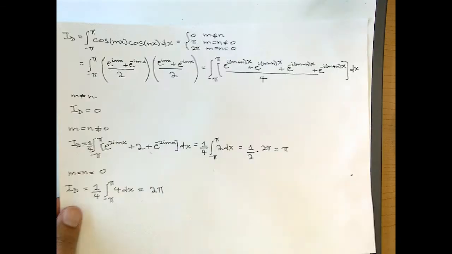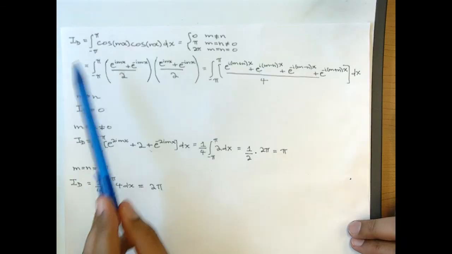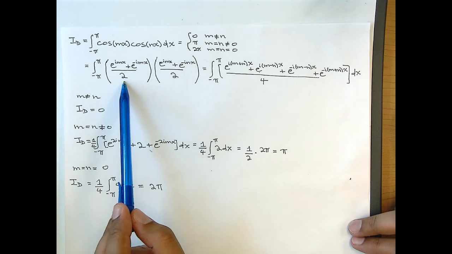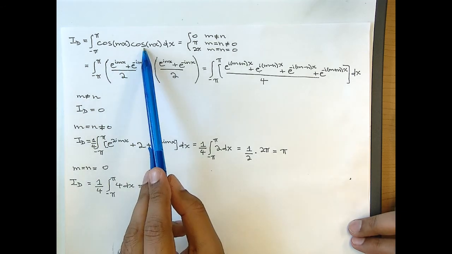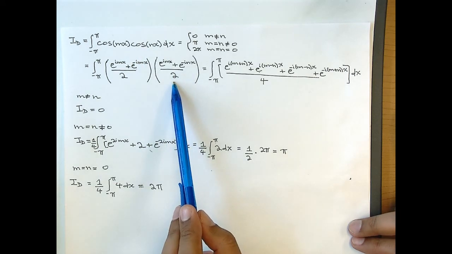And similarly, we can do the fourth integral. As I said, this is a little bit tedious, but it's the same thing. We write the cosine of mx using the Euler identity, and similarly, this time it's the cosine of nx, so we write it using the Euler identity as well.